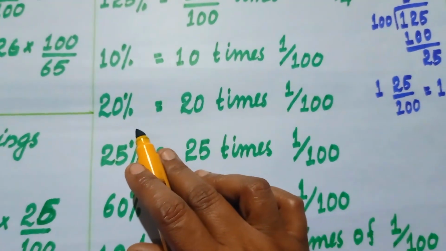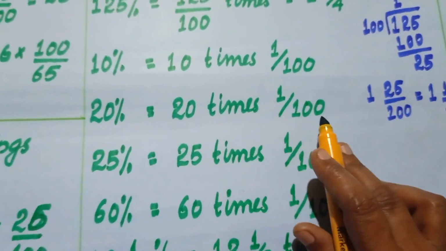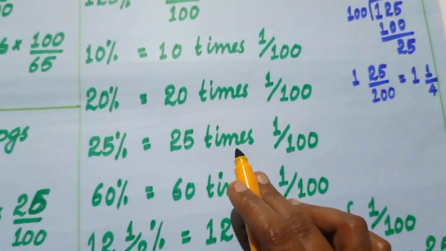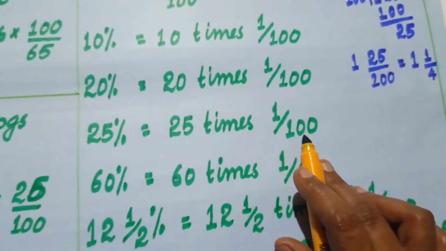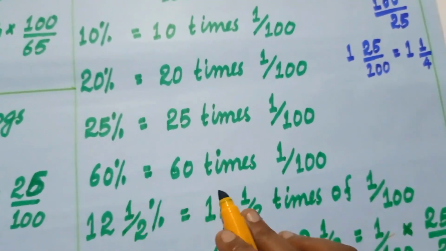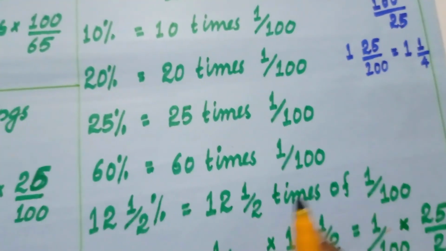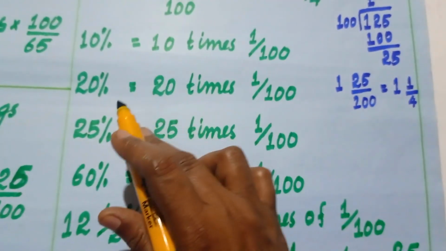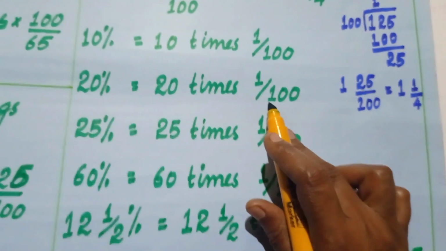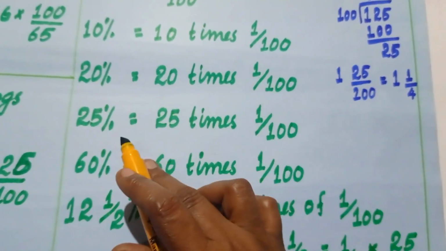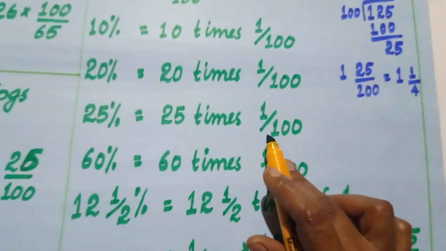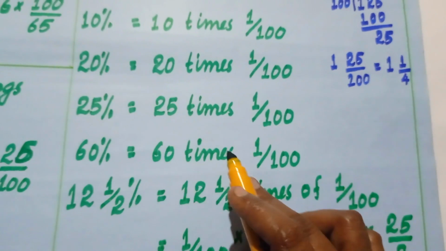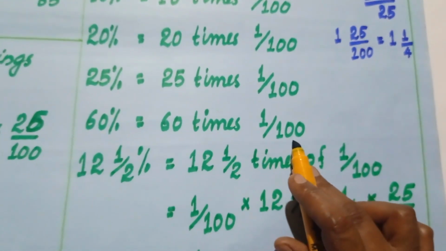Then 20%, 20 times 1 by 100; 25%, 25 times 1 by 100; 60%, 60 times 1 by 100.